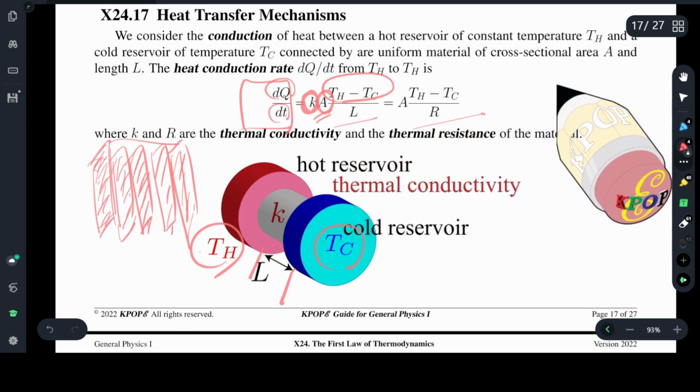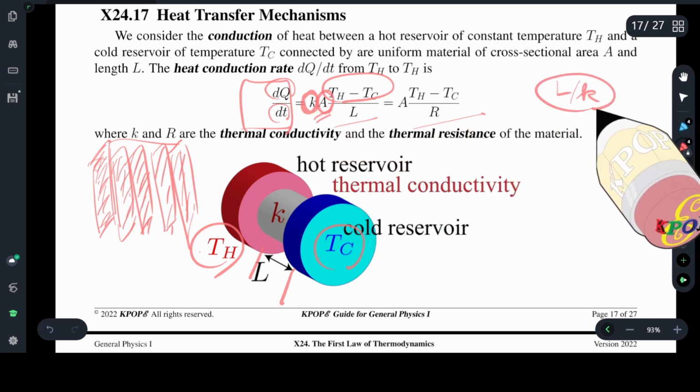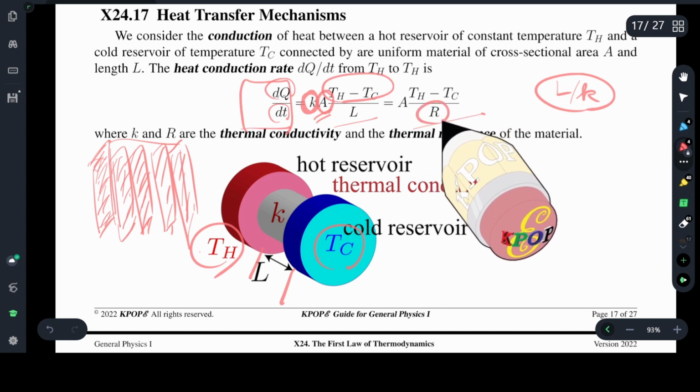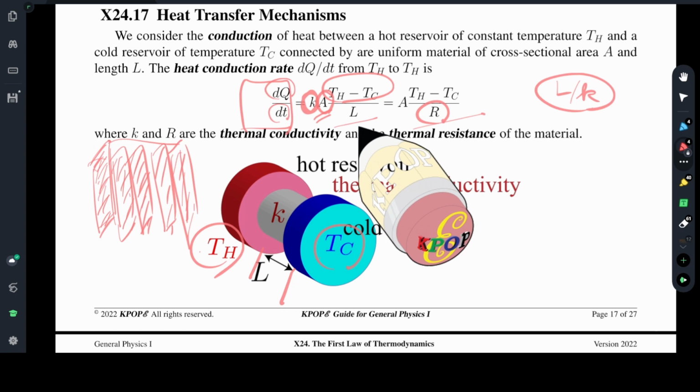This L over K is used as R, just like resistance. This formula is very similar to the formula for calculating the resistance of a resistor that we study in the next semester.